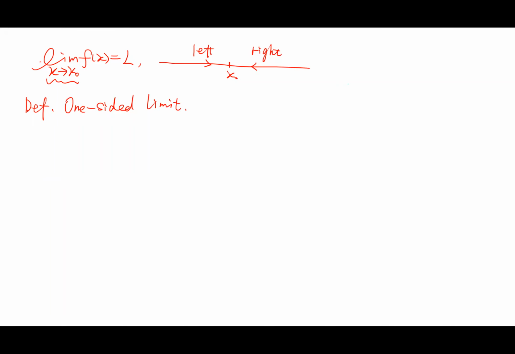Okay, so first, the left side, or we can call it the left hand limit. That means x approaches x0 from the left. If x approaches x0 from the left, that means x is smaller than x0, right?